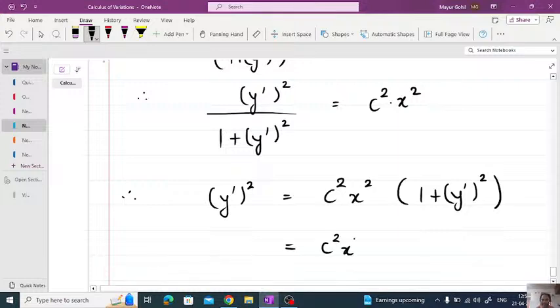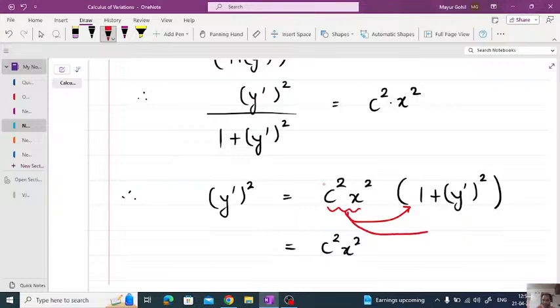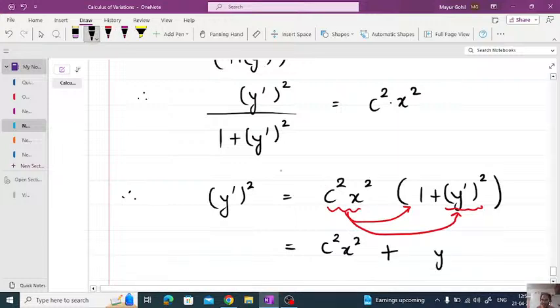C square x square, multiply this one inside here and multiply it inside here, meaning along with this term. So what will happen? Plus y dash square into c square x square. This is what you will have.